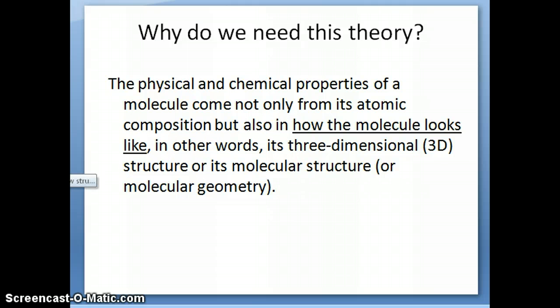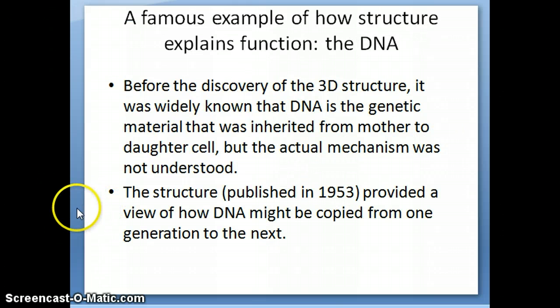the molecule works. A very classic case of this is illustrated by the structure of DNA, which most of you know is the genetic material in your cells that's being copied and then distributed from mother to daughter cell.